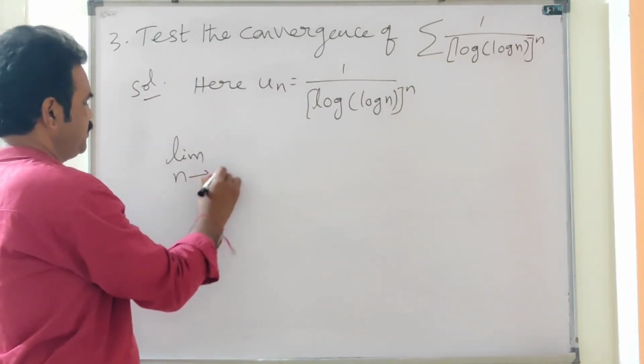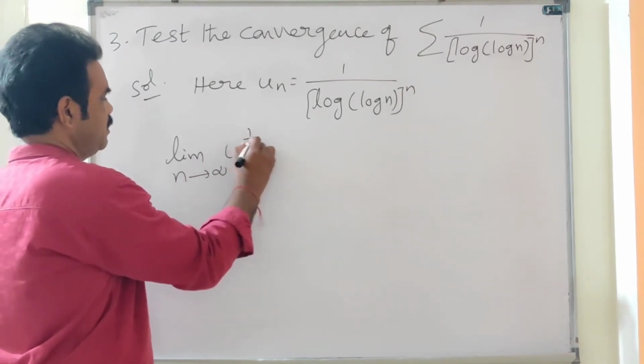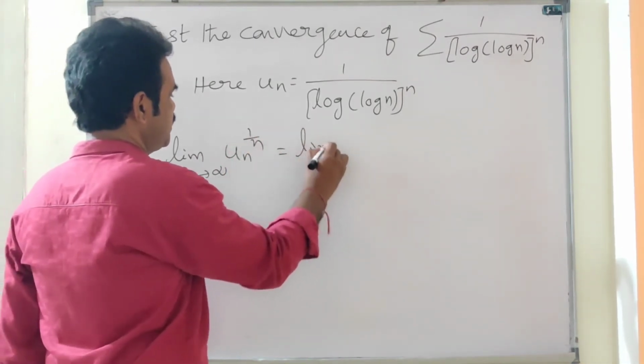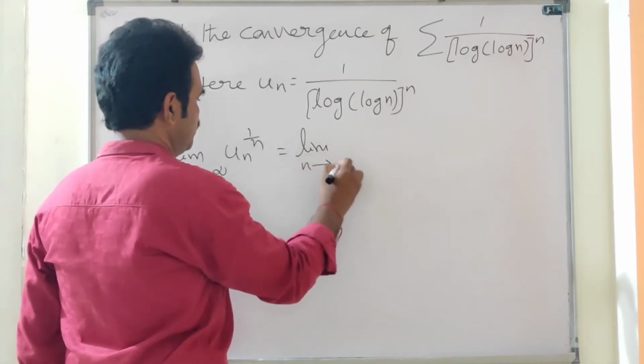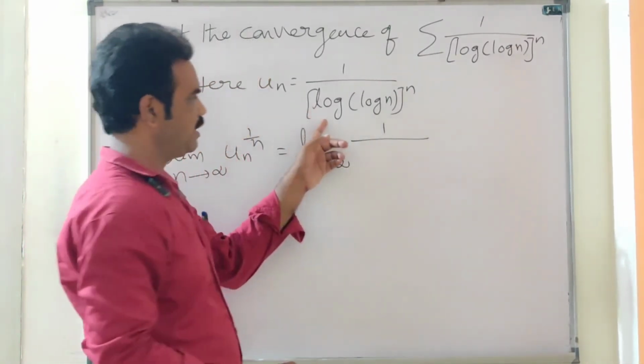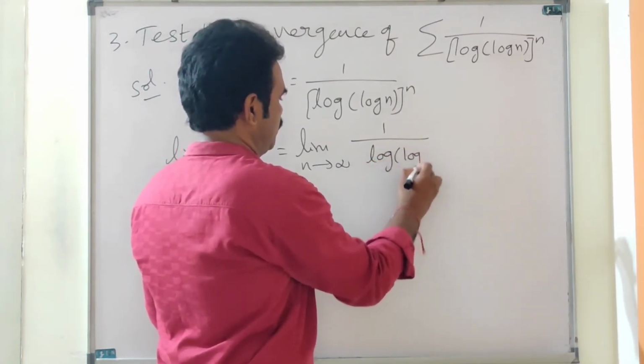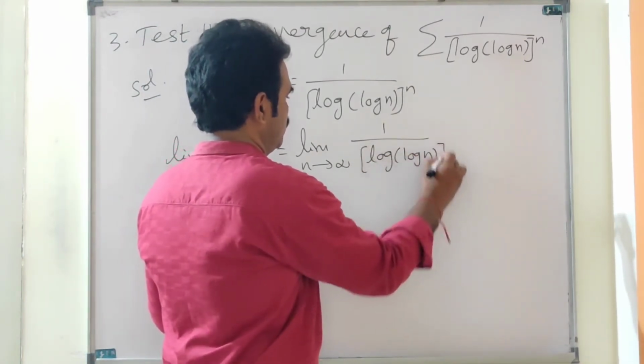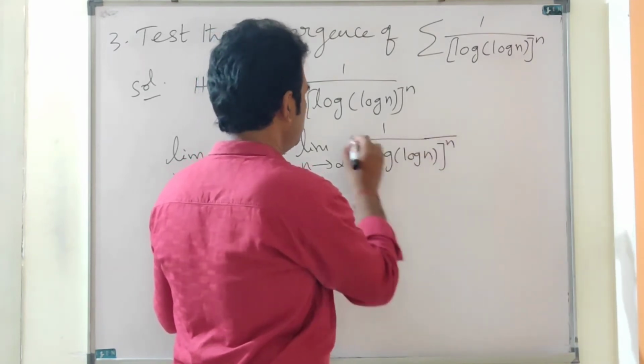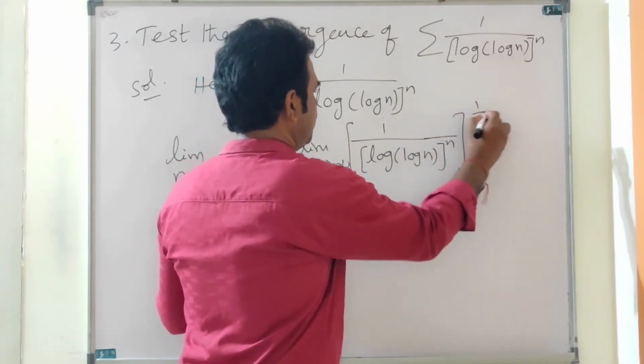Now find the limit as n tends to infinity of un power 1 by n. That is, the limit as n tends to infinity of ((1 by log n) whole power n) whole power 1 by n.